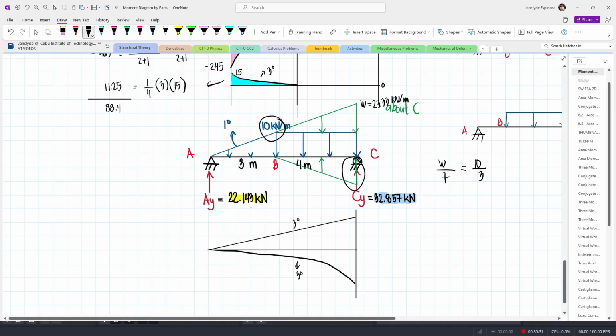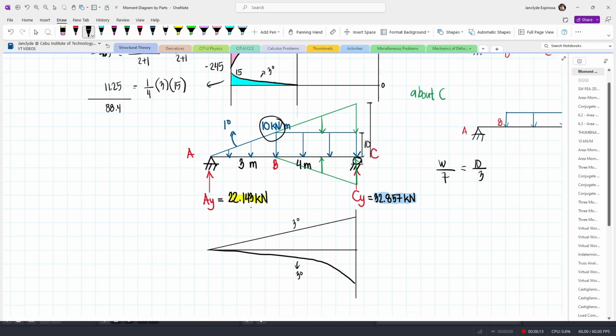While for this one, the magnitude of the triangular load must be equal to 23.33 minus 10. Now again, this is 10. And then this whole height is from here, let me just move this. From here up to here, we have a height of 23.33. And so this value is 23.33 minus 10. So this is 13.33.